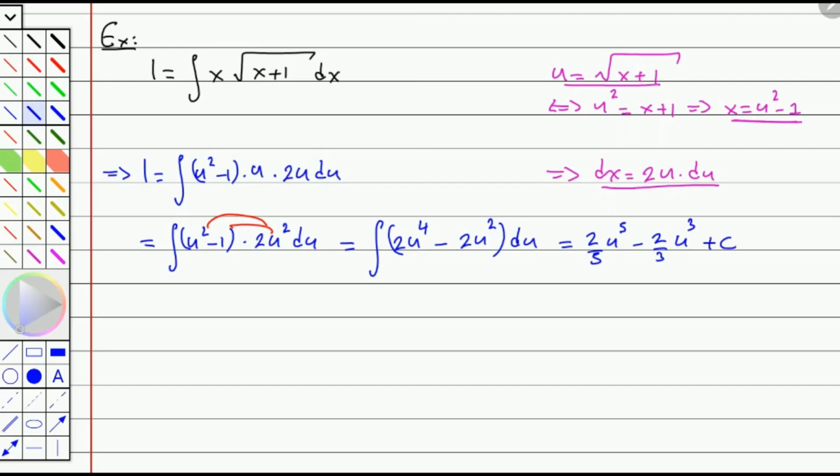And now let's bring once again the square root back into the solution, which is going to be I equals 2/5 the square root of (x plus 1) quantity to the fifth minus 2/3 the square root of (x plus 1) quantity cubed plus c. And this is going to be our result.